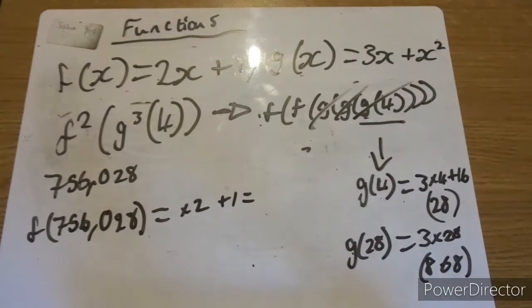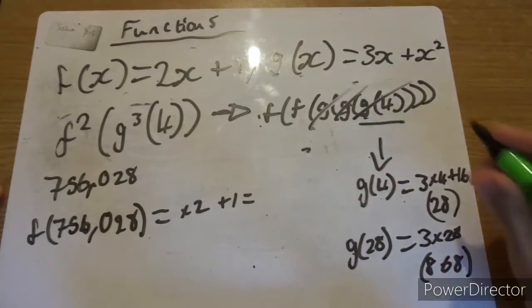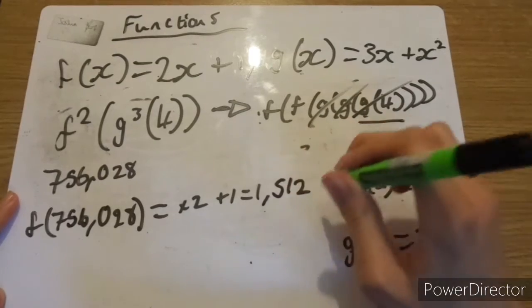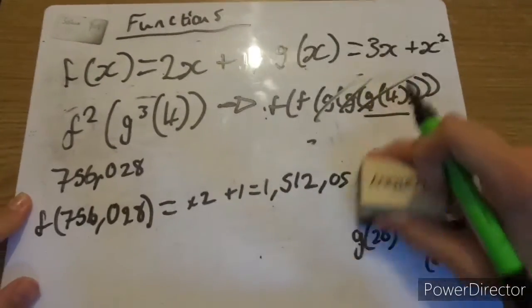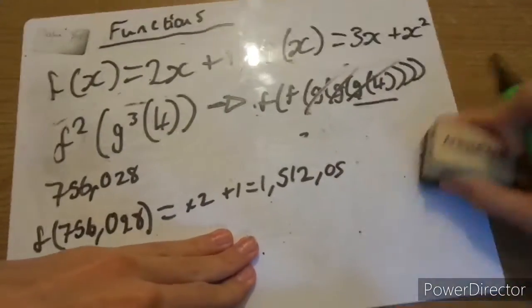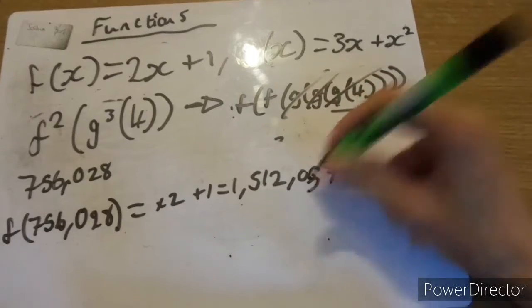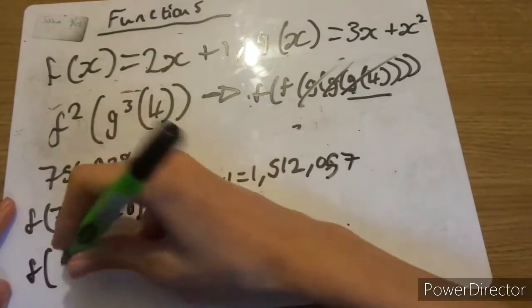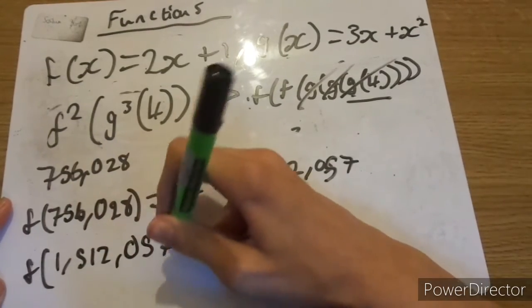I'm only saying that number because it saves so much more time than saying it out every time. That would give me about 1.5 million. Then you just substitute that number back in over here.